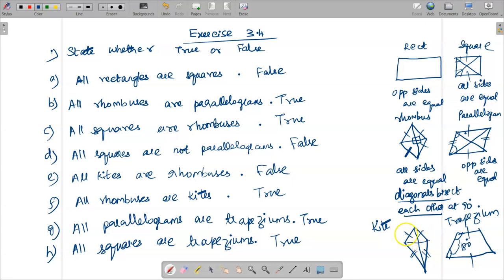Kite means two adjacent sides are equal, one of the diagonals bisects the other diagonal, and one pair of opposite angles is equal. And trapezium means adjacent interior angles add up to 180 degrees. When you know all these properties, you will be able to answer all the questions in problem 1.